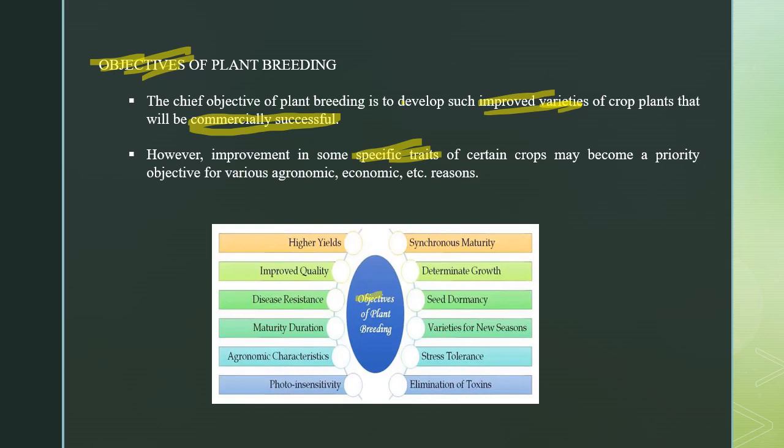The main objectives are higher yield, improved quality, disease resistance, maturity duration, agronomic characteristics, photoinsensitivity, elimination of toxic substances, stress tolerance, varieties for new seasons, seed dormancy, determinate growth, and synchronous maturity. We will see them one by one.